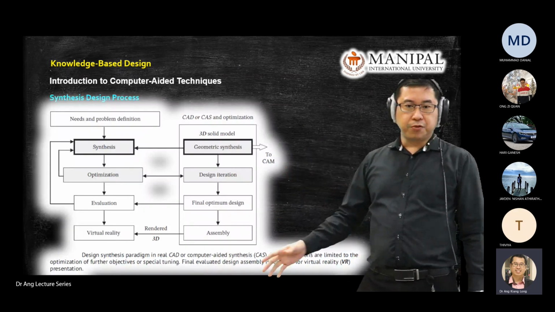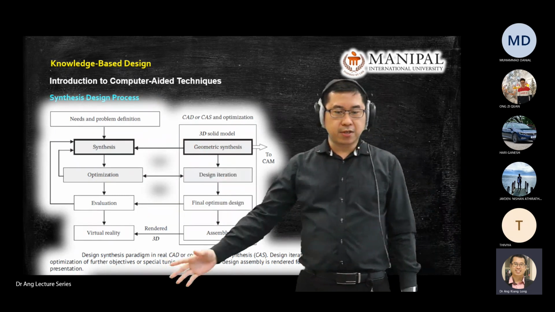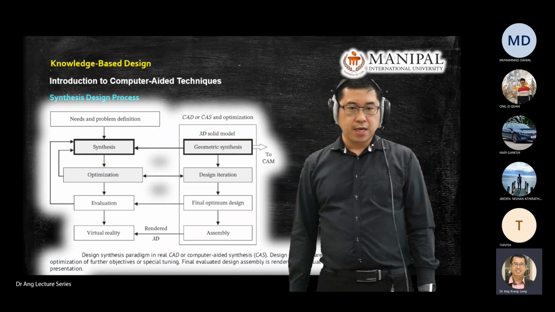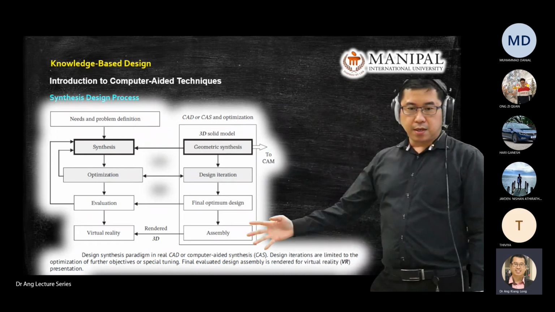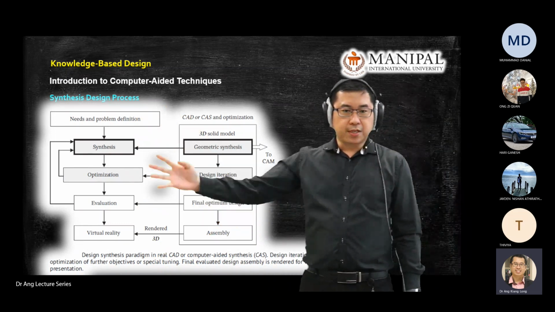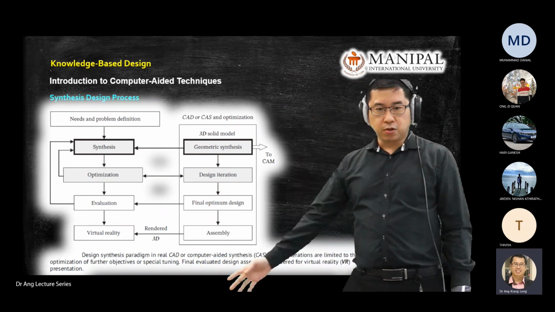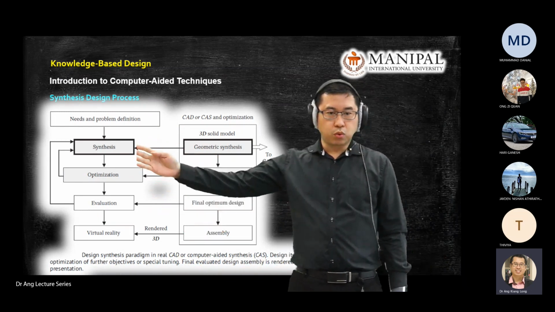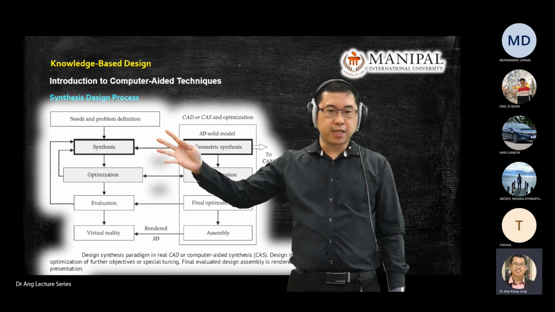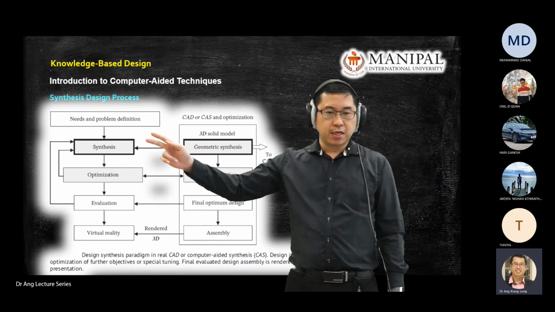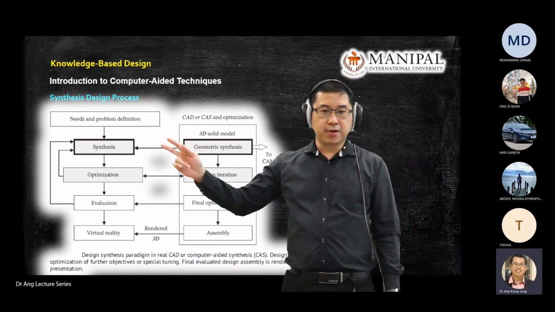What happens if you have the latest technology, or what we call the synthesis design process? What I mean by synthesis is that you are able to incorporate all kinds of technology to make sure the design is a success. Here you will see you have human-machine interaction and so on.